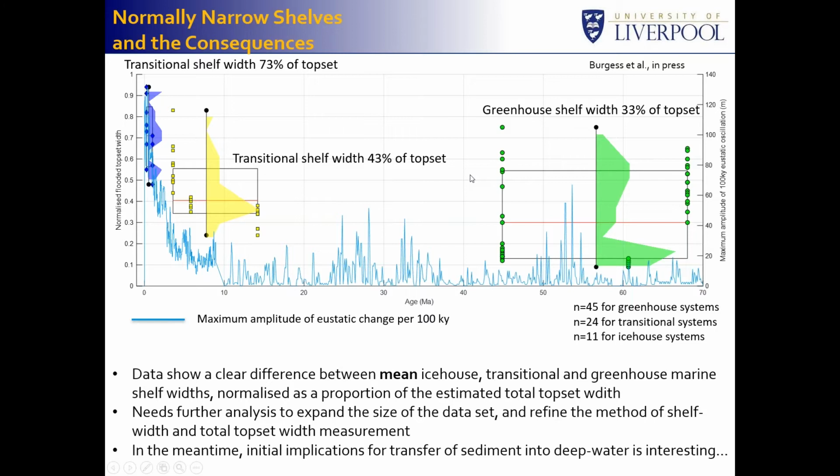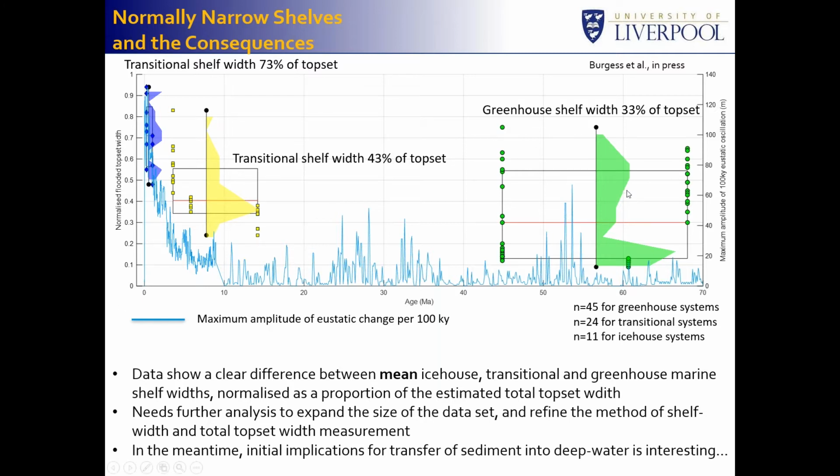Sorry about that. That's just in the nick of time, because this is a busy diagram, so it's good to have it bigger. This is the result of the study, and the takeaway points are that we've got 70 million years of geological time plotted on the x-axis, and on the vertical axis the width of the total topset of these clinoform systems, normalized so it goes 0 to 1.